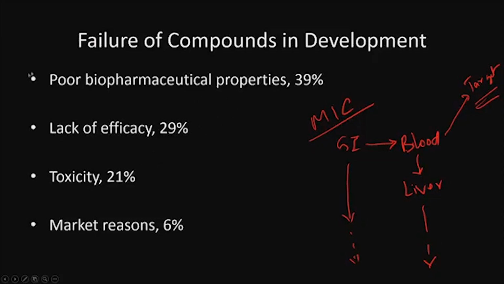And so the properties of the drug are very important. The ADME properties, the efficacy, as I explained here, and of course toxicity: many drugs fail during the development process, either in preclinical or clinical trials.